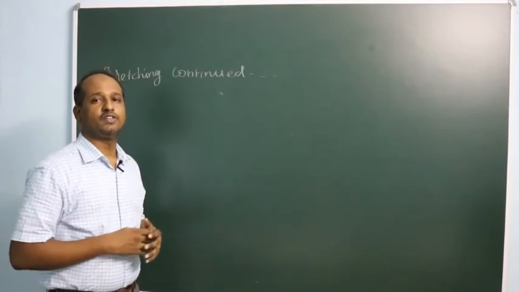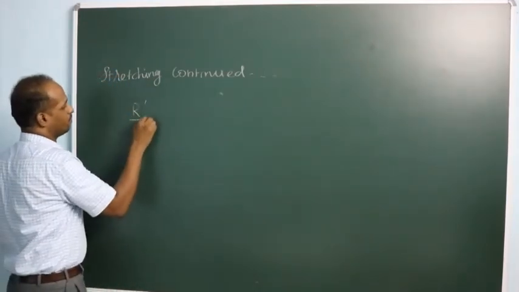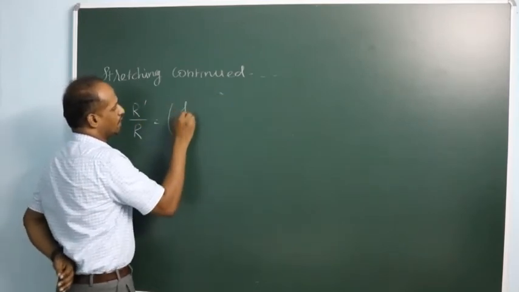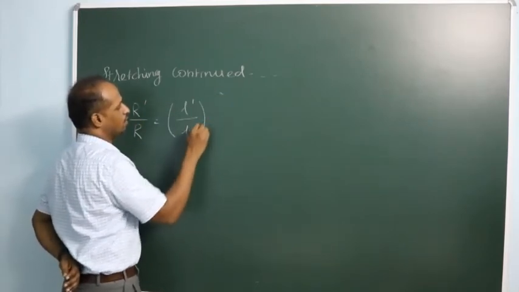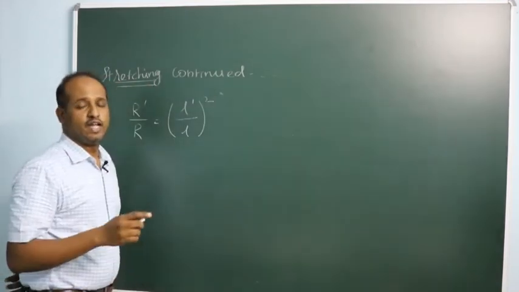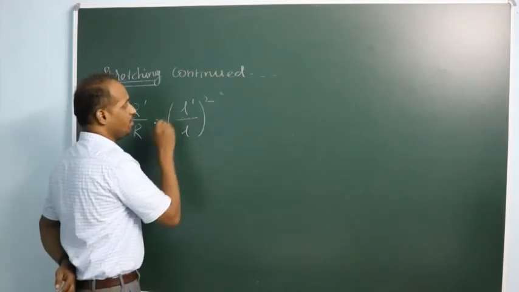A small continuation to stretching. We said r prime by r is equal to L prime by L the whole square in the case of stretching a conductor. If the stretching is a very small percentage, we can use the binomial theorem. How do you know?